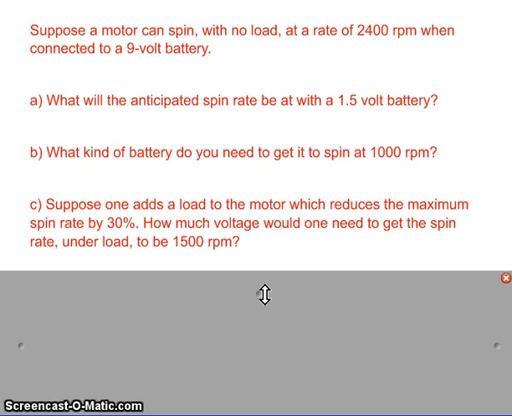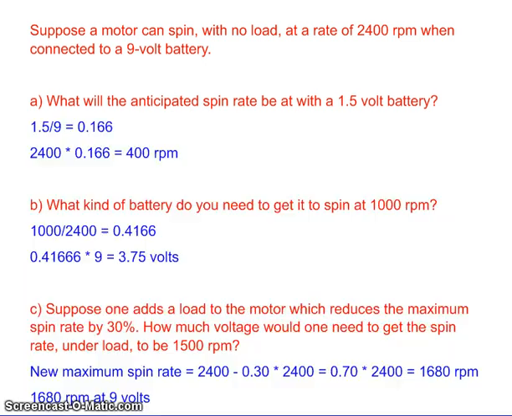What we are told is that the load reduces the maximum spin rate by 30%. So if you want to pause the video and try to address those questions, you could go ahead and do that. Okay, but I'm going to go right ahead and try to address these questions.